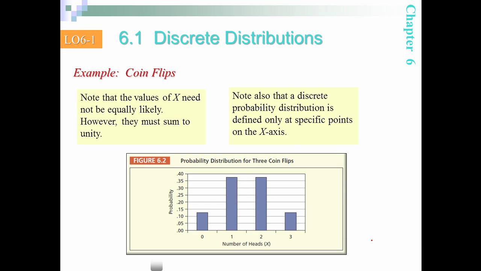We can make a plot of this, and a probability distribution is, at least for discrete random variables, basically like a histogram, where we've got the probability on the y-axis, and we say how many heads do we have, and what's the probability associated with each of those. So 0 had a probability of 1/8, 1 had a probability of 3/8, goes over to here, 2 is 3/8, and so forth.